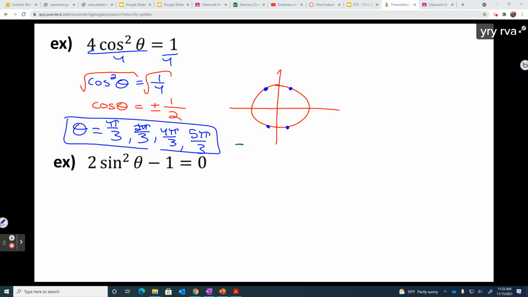All right, last one. Let's give it a shot here. 2 sine squared theta minus 1 equals 0. So first thing, we'll just start by adding the 1 over. 2 sine squared theta equals 1.